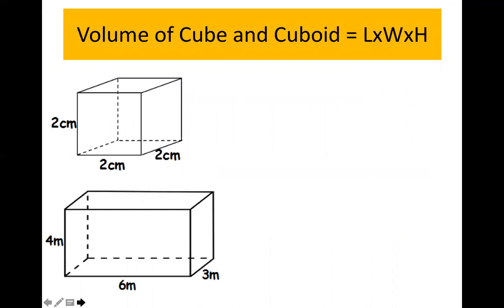Okay, very quickly, volume of cube and cuboid. Length times width times height. You don't have to take down the pictures. You can just write down the formulas, okay? So that you can always refer back to these formulas.